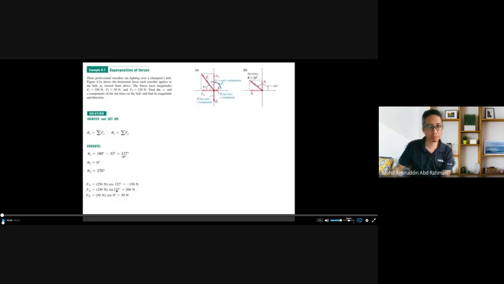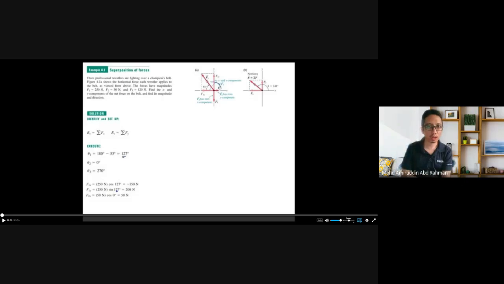Alright, so what is the problem asking? We have three professional wrestlers fighting over a champion belt. Figure 4.7a shows the horizontal force each wrestler applies to the belt. So we have three forces: F1, F2, and F3.